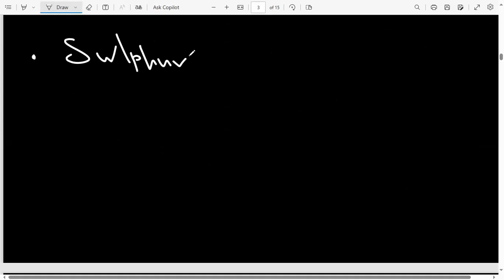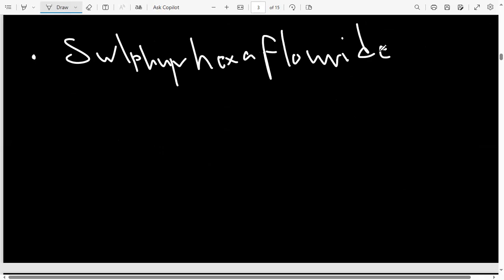Sulfur, let me say hexa, so this is hexafluoride. So what will be the formula for sulfur hexafluoride? SF6. Someone is saying SFL6.